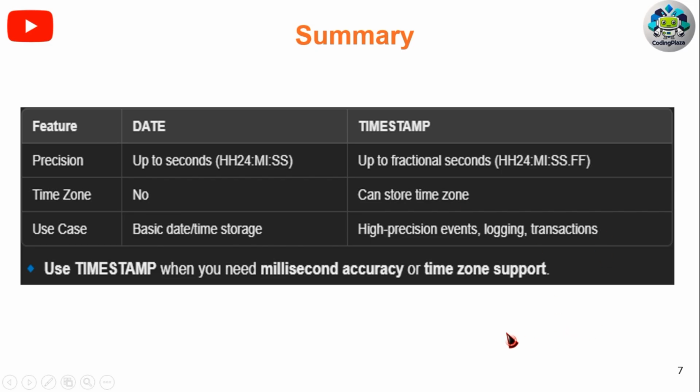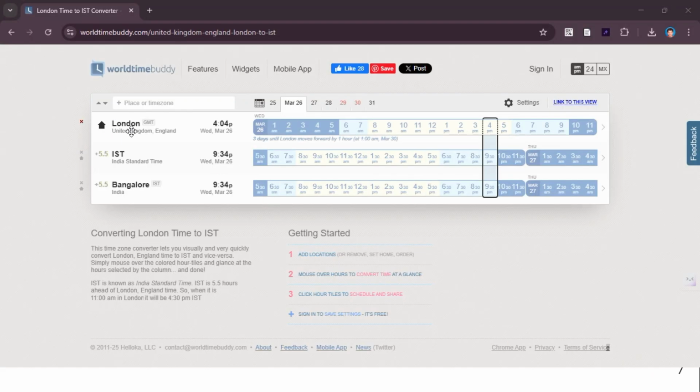And I showed you time zones. Time zones, a simple example I'll show in Google. If you have joined a company, you won't work for Indian clients only, right? You will work for some other client. Assume you are working for a UK client, London, United Kingdom.